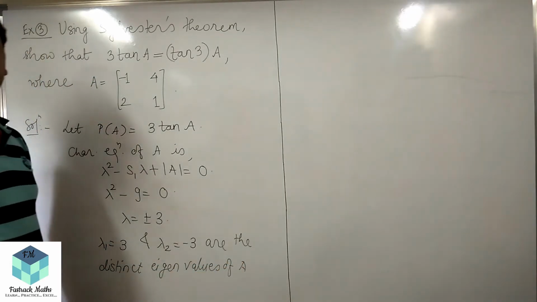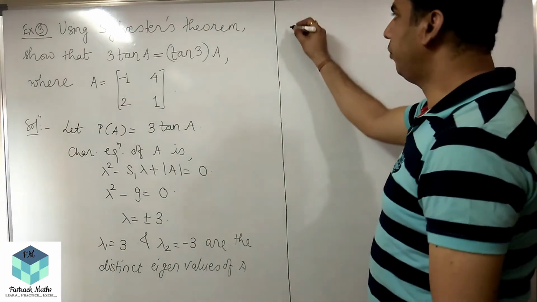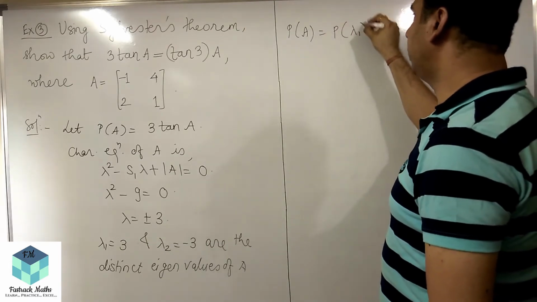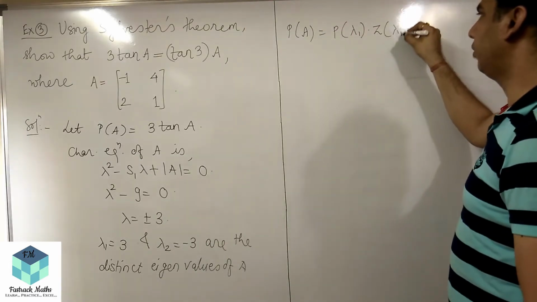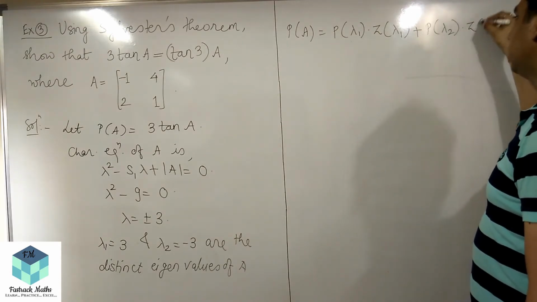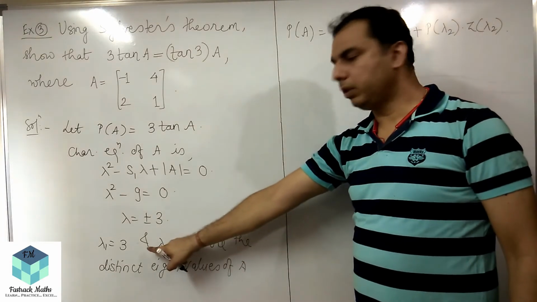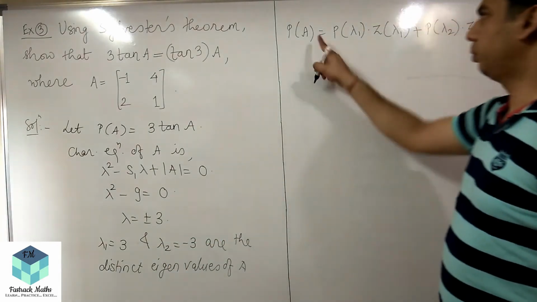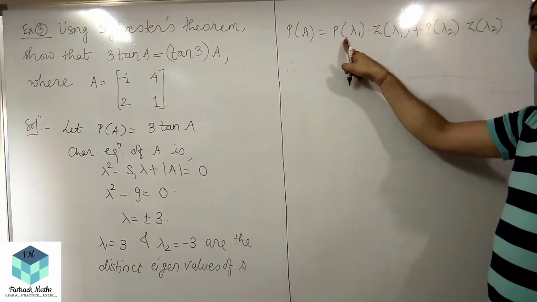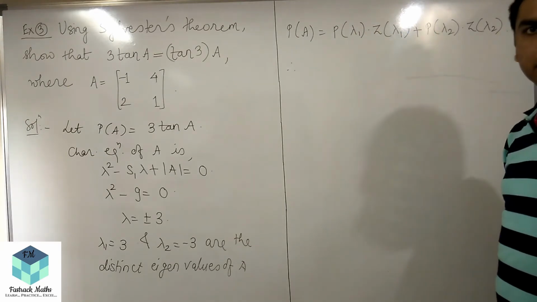Therefore, by Sylvester's theorem we can express P of A is equal to P of lambda 1 into Z of lambda 1 plus P of lambda 2 into Z of lambda 2, because r varies from 1 up to 2. Now we have to find the values of P of lambda 1, Z of lambda 1, P of lambda 2 and Z of lambda 2.